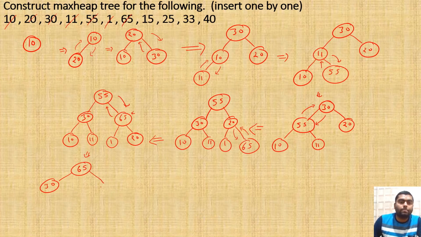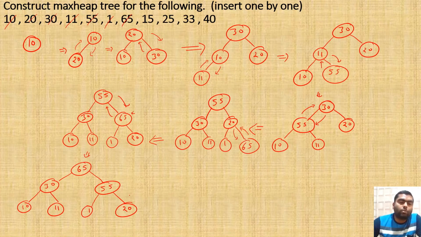Okay, the 55 and 65 keys will be interchanged, and the remaining are all the same. So it is 10, this is 11, this is 1, and after that right is 20. Fine. Now you can check that each and every node has the maximum value as compared to its children.